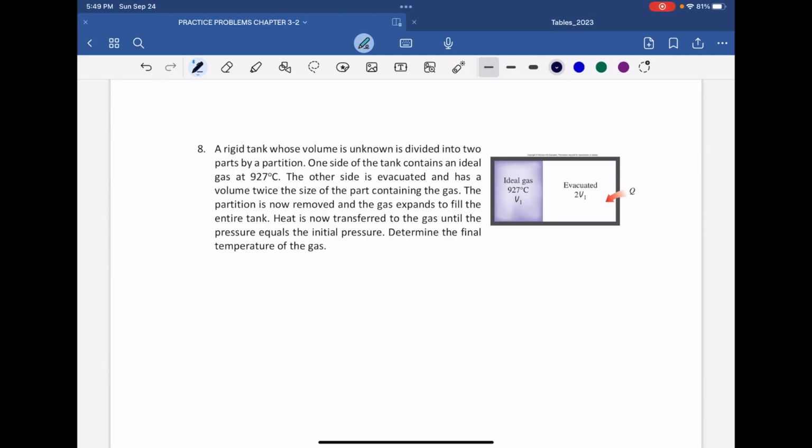All right, so since we are dealing with an ideal gas, again, I would use ideal gas equations. So for the first state, we can write the ideal gas equation. And for the second state, you can write down the equation again.